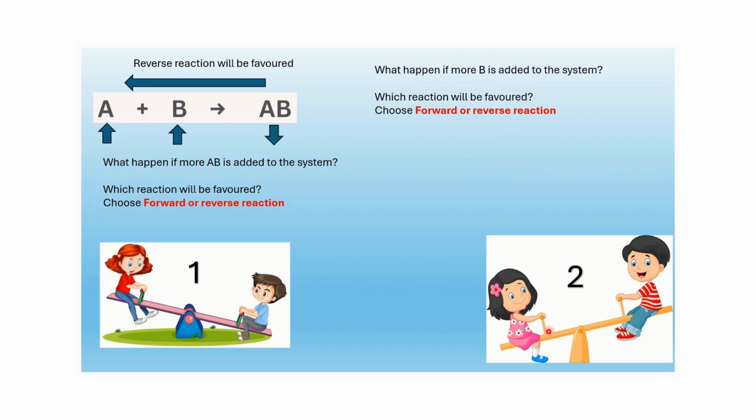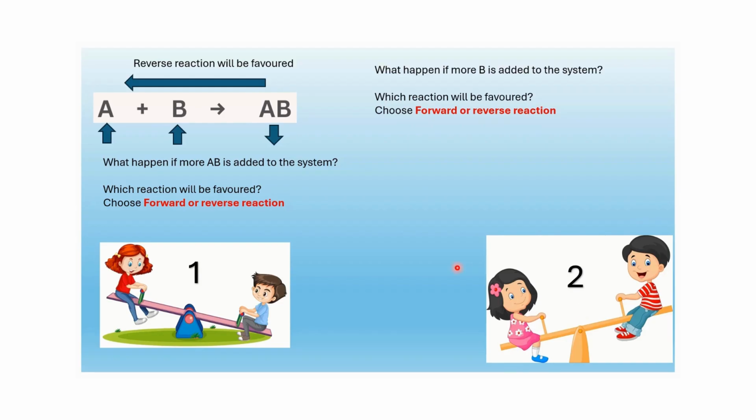Then how do we tell if the reaction is going to be forward or reverse? We apply Le Chatelier's principle. And how do we apply Le Chatelier's principle? We shift the ball where? We shift the ball to the right. When we shift the ball to the right, it simply means that whatever is on the right must do what? Increase. Whatever is on the left must do what?